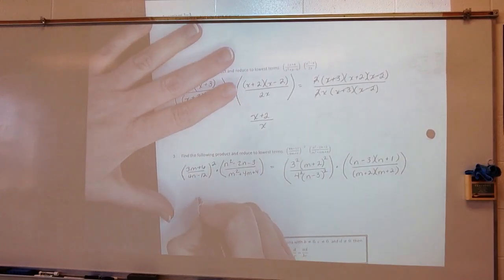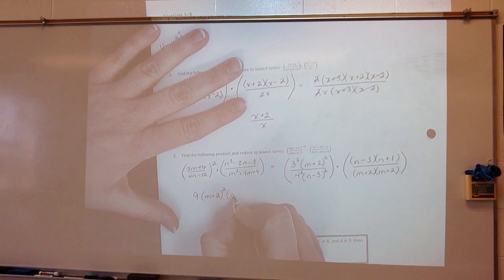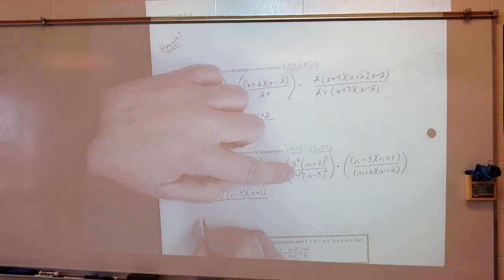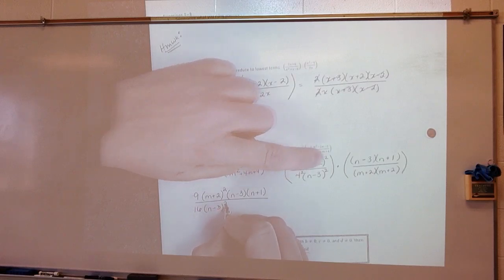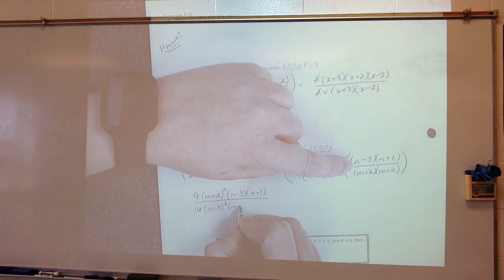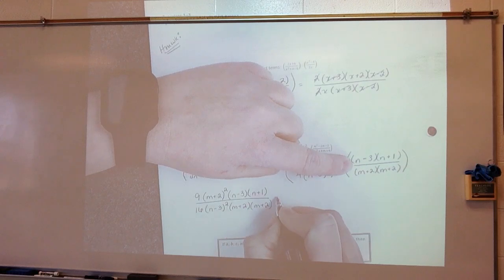So 3 squared is 9. And then I have m plus 2 squared times n minus 3 times n plus 1 over 4 squared is 16 times n minus 3 squared times m plus 2 times m plus 2.